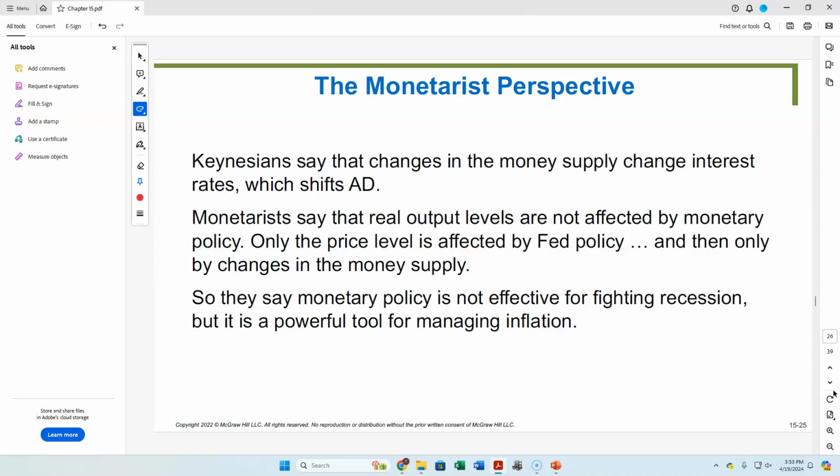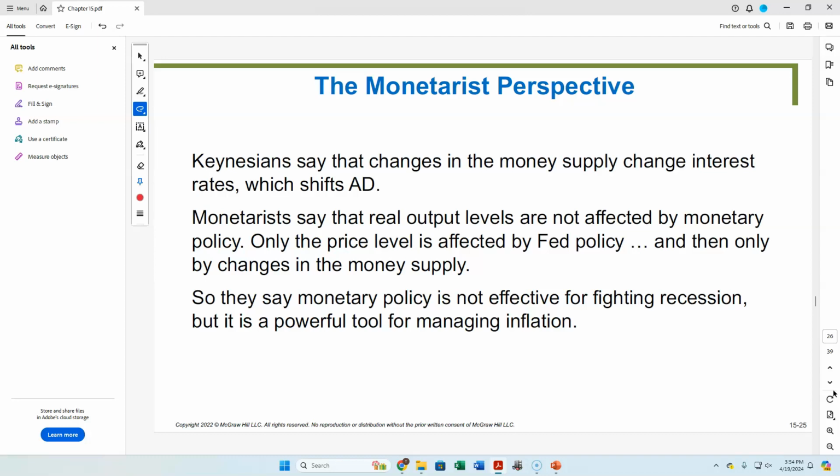So we get these two major belief points. You've got the Keynesians who believe what I described with the monetary transmission mechanism, where changing the money supply changes the interest rate, which changes the aggregate demand curve. And then in the late 1950s, with Milton Friedman, you get the rise of the monetarists.